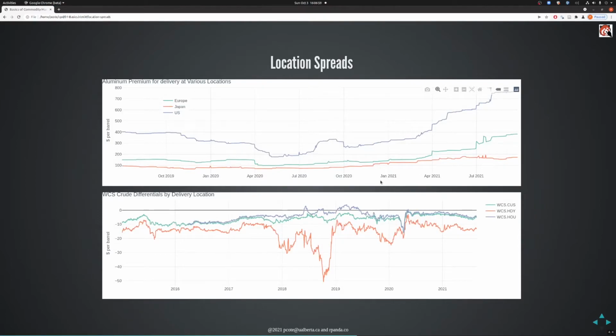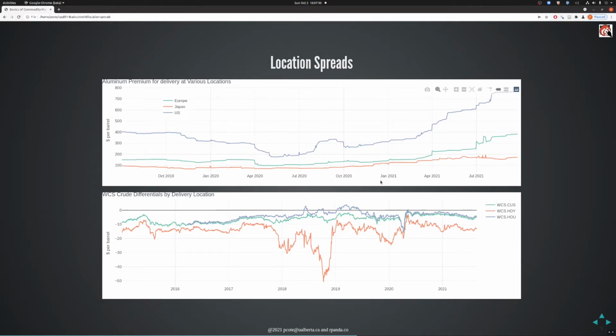Turning to location spreads, again, we stick with aluminum in this case, and the first chart illustrates the premium versus flat price of aluminum for delivery in Europe, US, and Japan. So we can see the variations across time as well as the differences between location. Now, a point to note, going back to economics, is the price of delivery or the cost to transport from one location to another may vary a lot depending on the location.